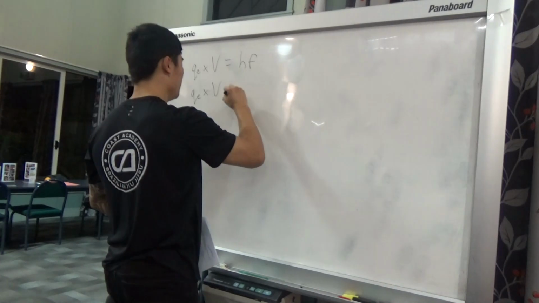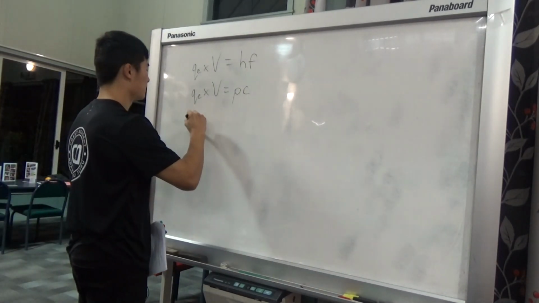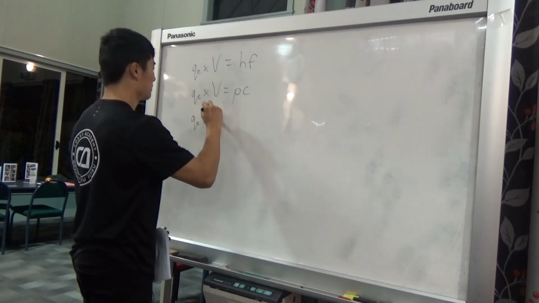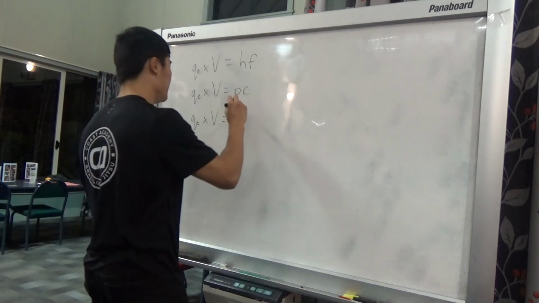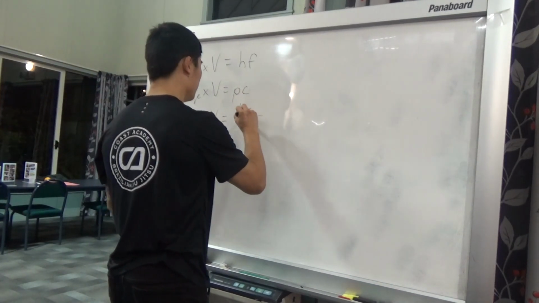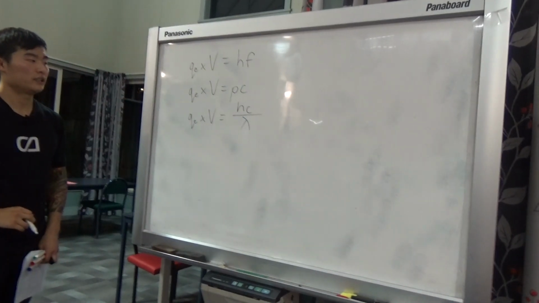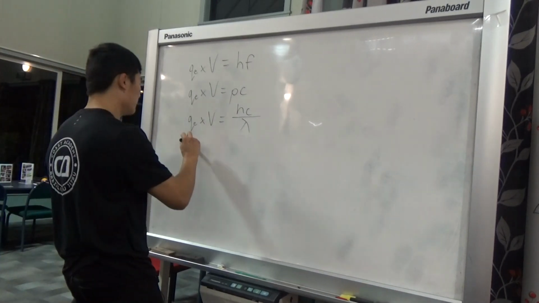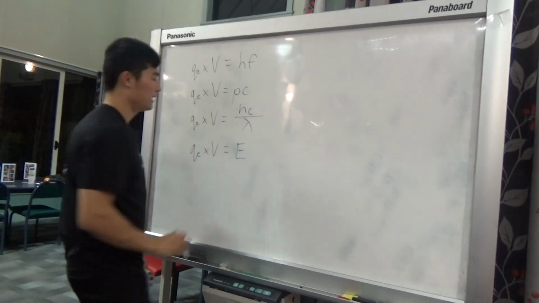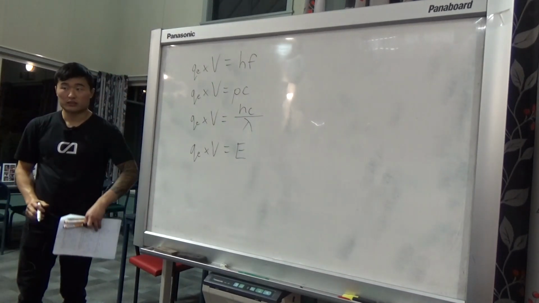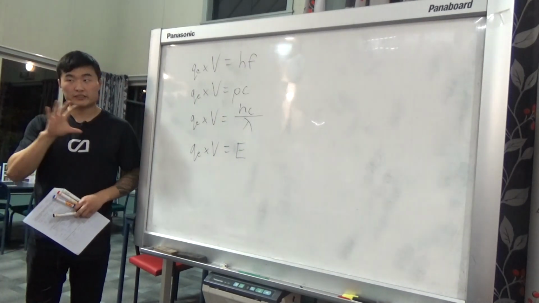If you wanted momentum, you'd use this equation. If you wanted the wavelength, it would be hc divided by wavelength. And if you wanted energy, it would just be that. Okay? So that's all on my cheat sheet. It's under the X-ray heading.